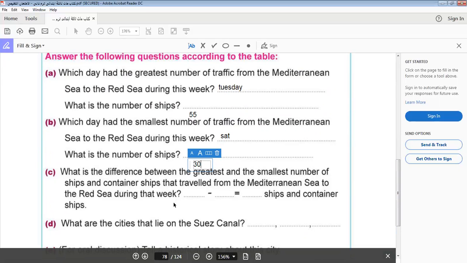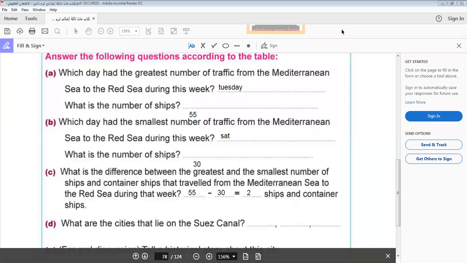Okay, so the difference between the greatest and the smallest is 55, that is the greatest, minus 30, that is the smallest, will be 25. Okay, so what is the difference? We said 25.